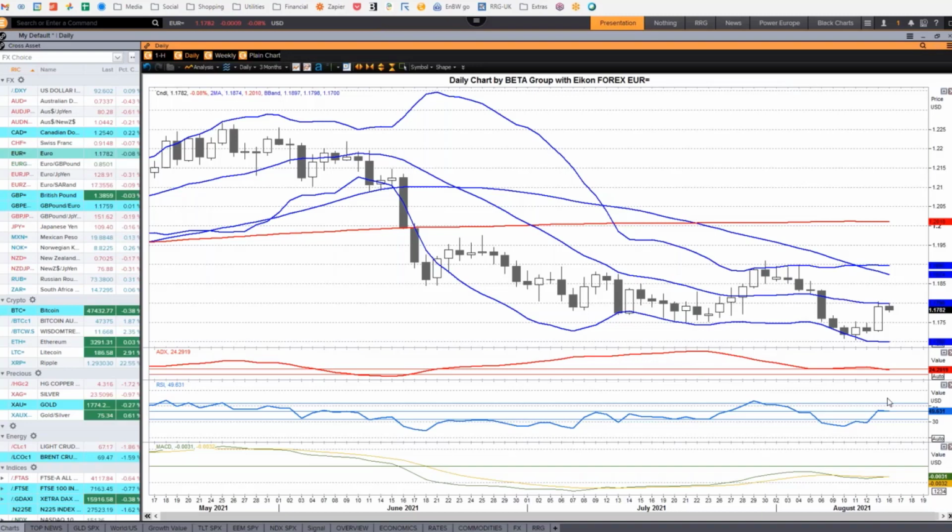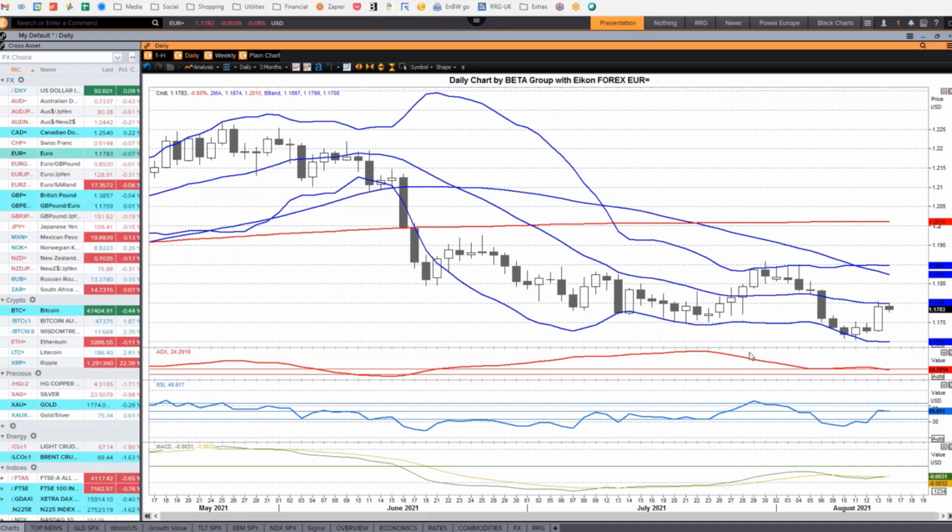On the daily chart, on Friday we had that big bounce, and this activity here was below the line, and we finished above the line again, but it's bumped into resistance immediately, so there is a strong resistance now. It really must hold here if we're going to avoid this major sell-off.